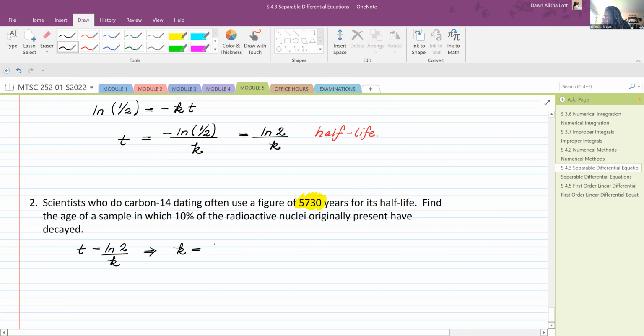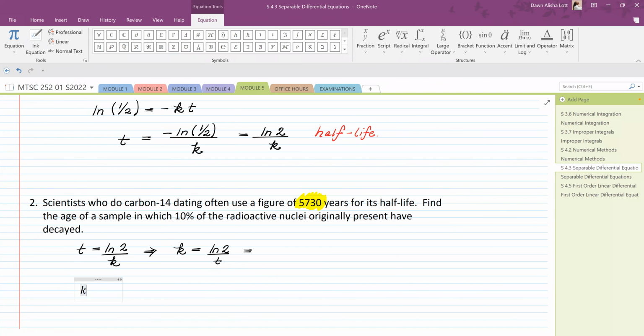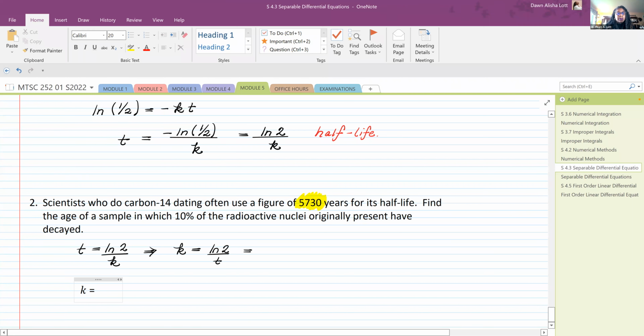Our k is going to be the natural log of 2 over t, where t is 5,730. So k is going to equal the natural log of 2 divided by 5,730.